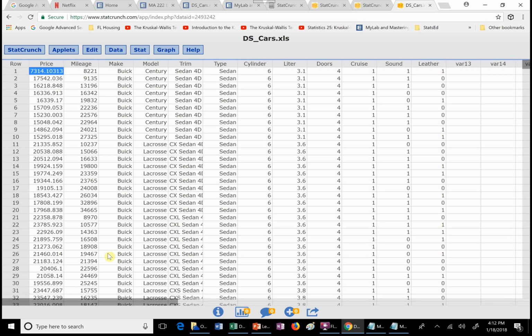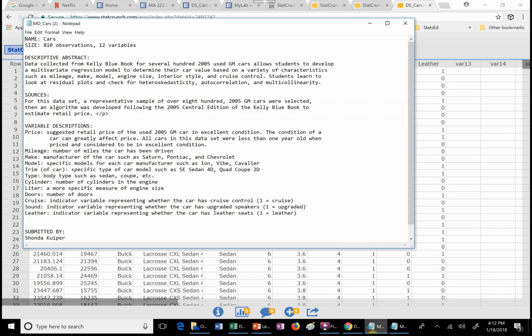What's the other one? There's one other that's like that. Cruise, thank you. Yep, cruise is like that. Same sort of thing. Categorical. And then we have make, model, trim, and type. This is kind of obvious.